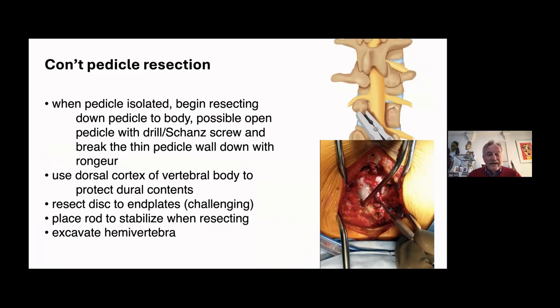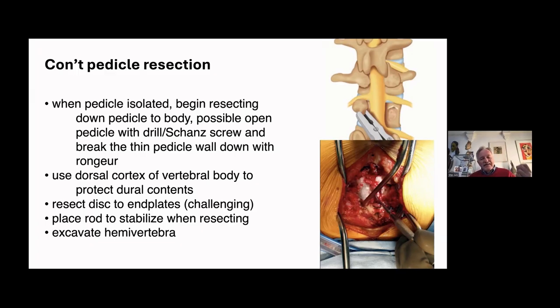You are not in contact with the neurostructures, and once you have finished this process, you can take down the cortical wall of the pedicle systematically down to the vertebral body posterior wall, and you can use the posterior wall to protect the dural sac before you really finally open the whole segment, and you resect the end plates, or you freshen the end plates, and to place rods when you have done that.